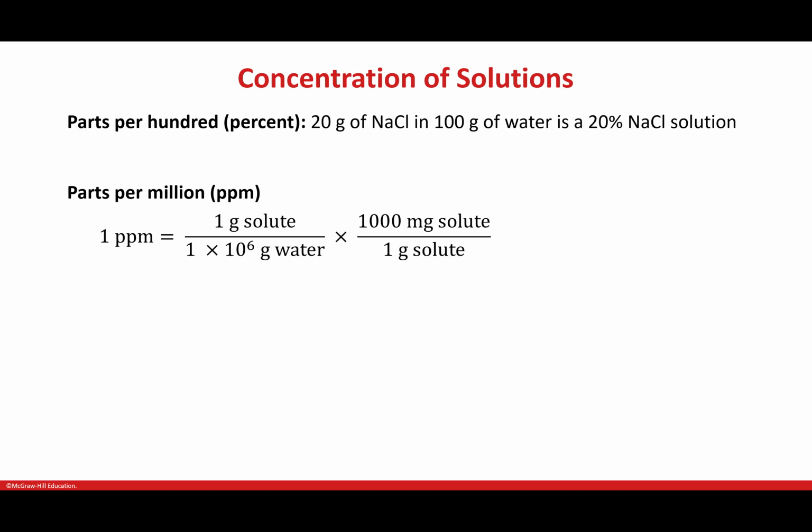Now, the reason I did all that was what we're at right now is, grams of solute cancel. We have milligrams of solute per gram of water. So the next thing you're going to see is that we are going to substitute in 1,000 grams of water and 1 liter of water based upon the density of water. 1,000 grams for 1 liter based upon its density.